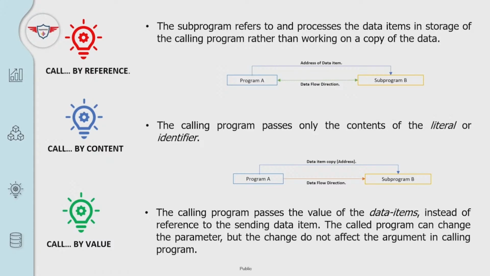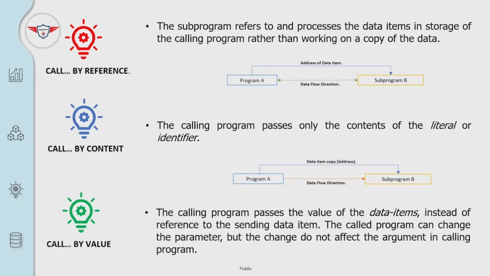But when the data is passed by content, a copy of the data item is created and the address of the copy is supplied to the subprogram, and any change made to the data item in the subprogram will only affect the copy of the data item. So if you look at the flow diagram, program A is calling program B and passing the data.